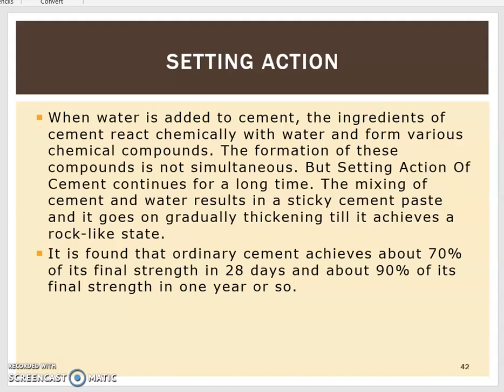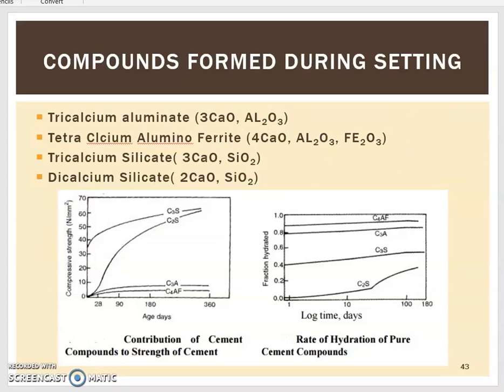Now let's come to the chemical compounds which are responsible for this setting. The first one is tricalcium aluminate. It's written as 3CaO.Al2O3, with a small l, not capital L. This compound is formed soon after the water is added.